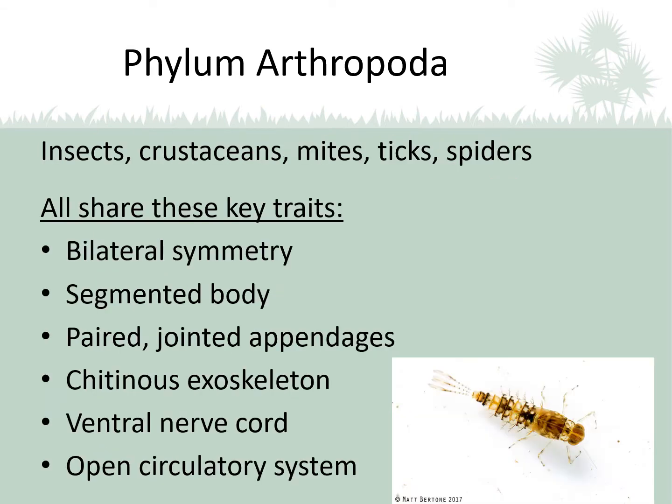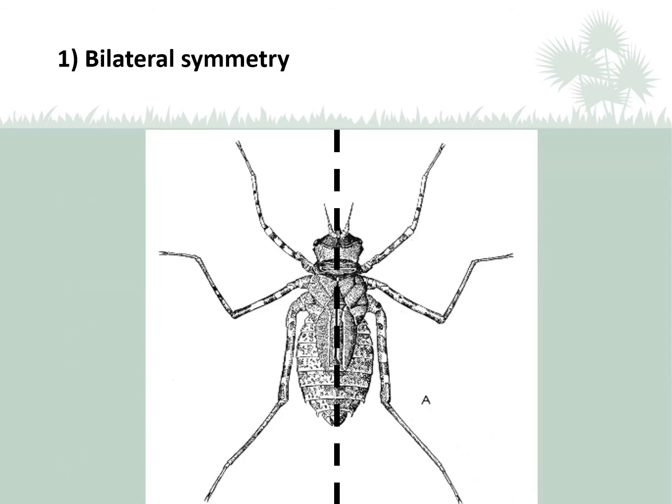They all share these key traits: bilateral symmetry, and we'll get into that in just a second, segmented bodies, paired jointed appendages, a chitinous exoskeleton, they've actually got kind of a shell, ventral nerve cord, and an open circulatory system. Thank goodness for that.